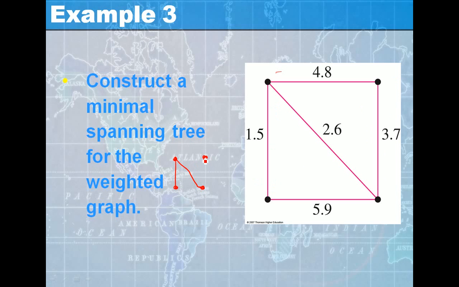And then 3.7 does not cause a circuit, so we're fine. Now if you try to put 4.8 in, it causes a circuit. If you try to put 5.9 in, it causes a circuit as well. So this is our minimal cost spanning tree with the edges 1.5, 2.6, and 3.7.